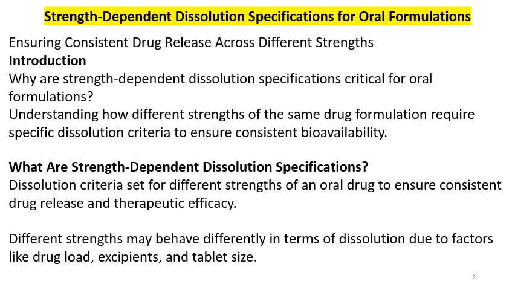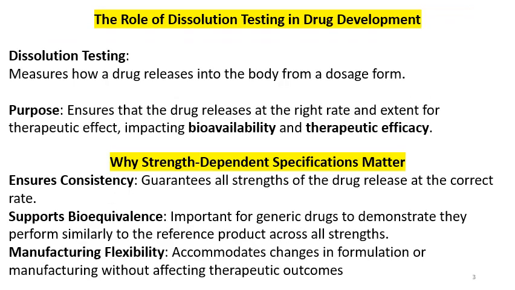Also, higher drug load affects the sink conditions. We are going to see those things in detail in the upcoming video slides. For this slide, consider that different strengths have different release rates or dissolution rates.